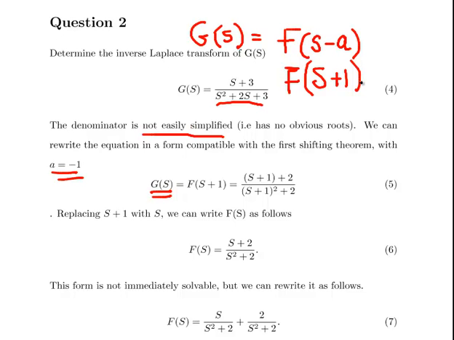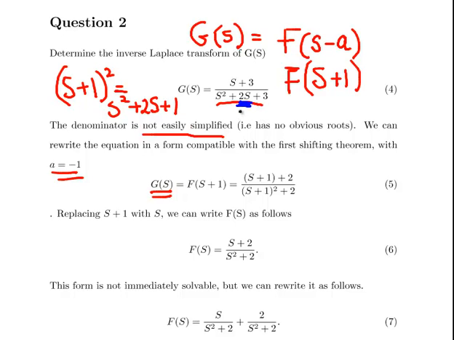Now, let's think about where I came up with that. Essentially, s plus 1 squared equals s squared plus 2s plus 1. And what made me think of that is this 2s here.